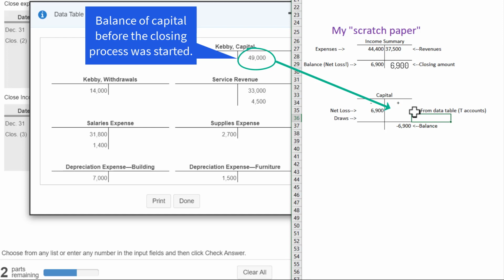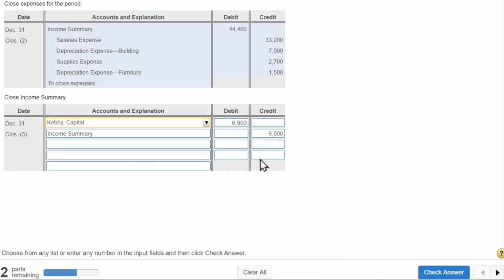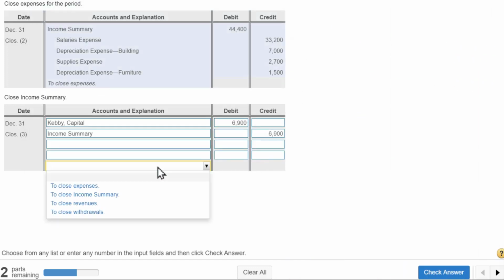All right, so I'm going to plug this 49,000 over here on the right side, because that was our beginning balance, or I should say the balance at the beginning of the closing process. Okay, so now we're done with this step, except I need a label to close income summary.